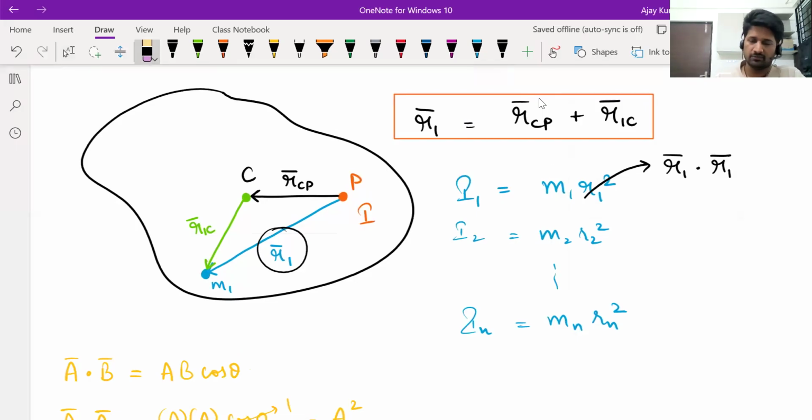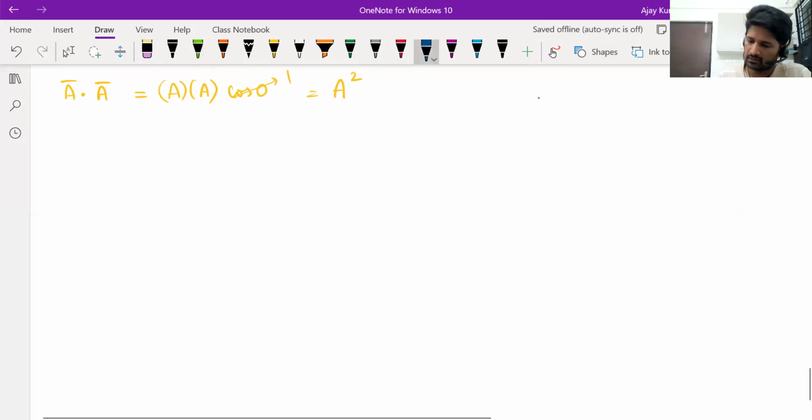So that's the idea that we are applying here. Then R1 square, which is the square of the distance of the first particle from the required axis, the orange one, can be written as R1 dot R1. And in R1, we will substitute this now. So follow this carefully.